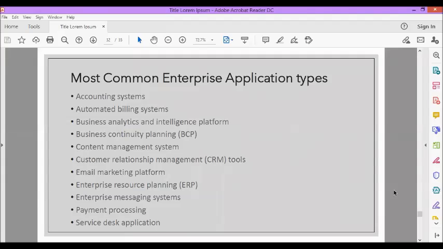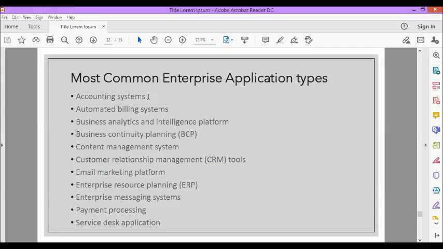So as an enterprise organization deploys more types of applications, the presence and impact of information silos within the business can increase exponentially. So some of the most common enterprise application types include the following. So the first one is accounting system.